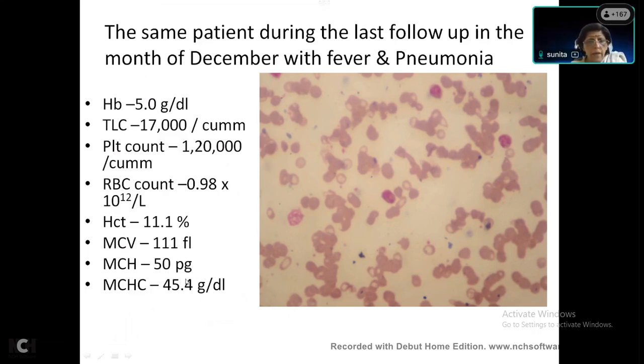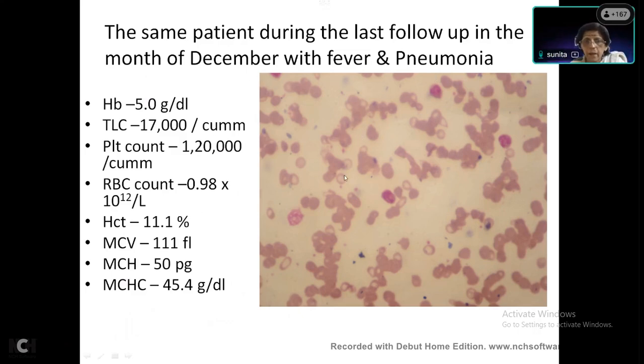And the reason behind this is, you can see here, there is a lot of clumping or agglutination of RBCs. You can see a few sickle cells if you can make out, but they are all agglutinated and it is difficult to see the blood picture. When you find this type of picture, you should think of cold agglutinin disease.